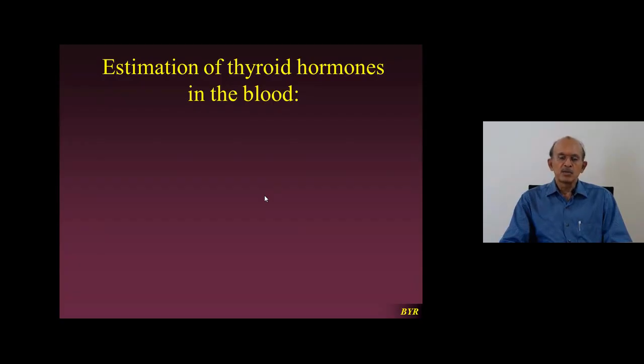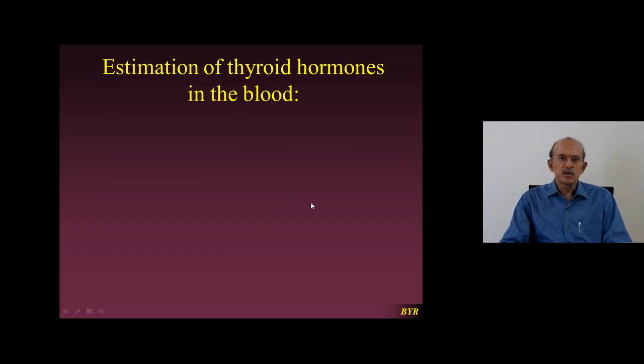Whenever a patient comes to you with an enlarged thyroid swelling, that is goiter, eye signs, cardiac symptoms, sudden growth spurt in the child, menstrual irregularities, loss of weight, diarrhea, intolerance to heat, preference for cold, or anxiety, in all these conditions, we have to do these investigations.